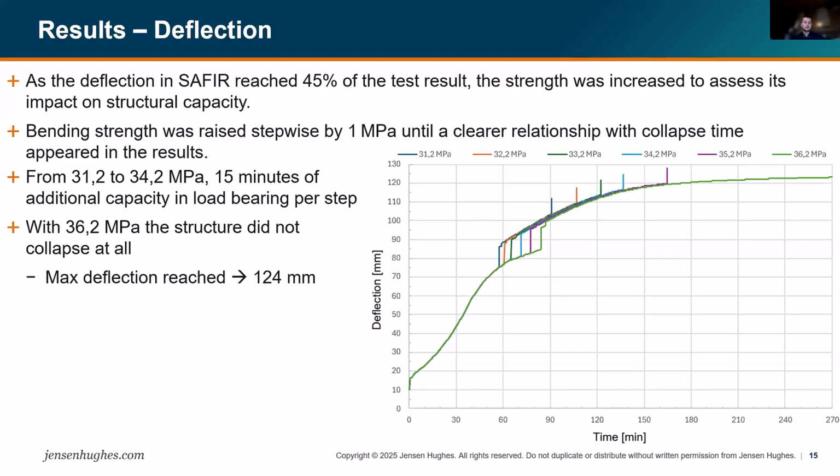So from 31 to 34 megapascals, we gained 15 minutes of additional capacity. Then with 1 megapascal addition, we had about 30 minutes, and then with 36.2 megapascals, the structure did not collapse at all, with the maximum deflection reached still just 124 millimeters.